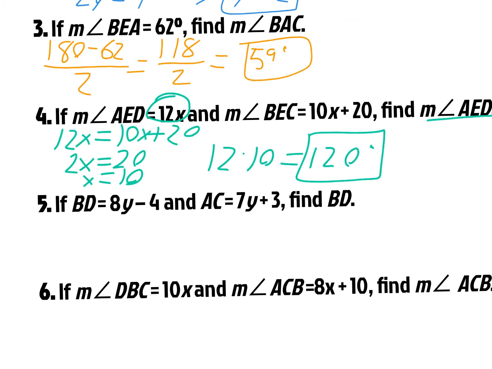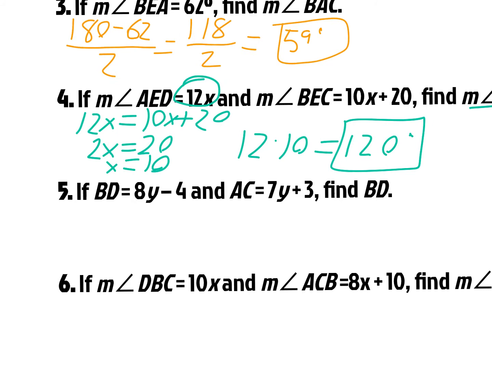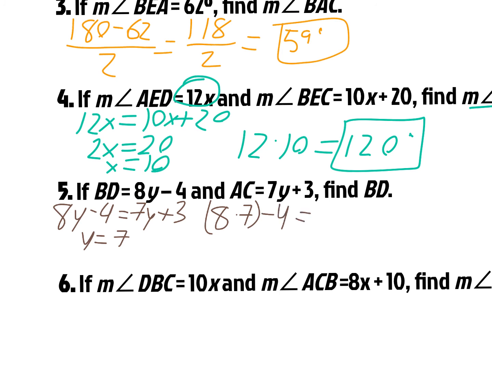We can therefore set up our equation as 8y minus 4 is equal to 7y plus 3. Combine our like terms, y is equal to 7. If y equals 7, we can plug that into our original BD equation of 8 times 7 minus 4. 8 times 7 is 56. 56 minus 4 is 52.